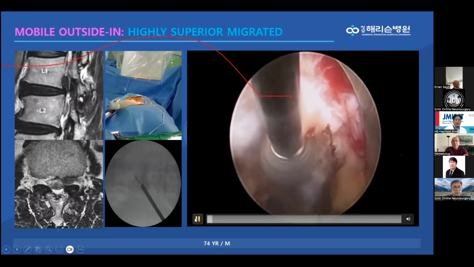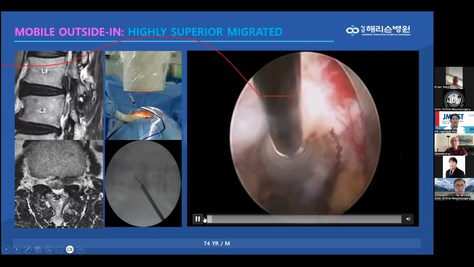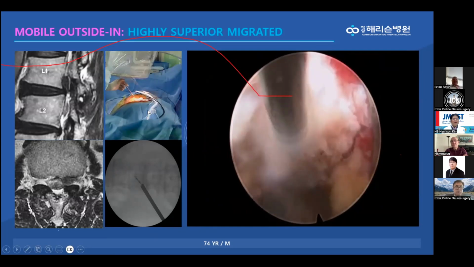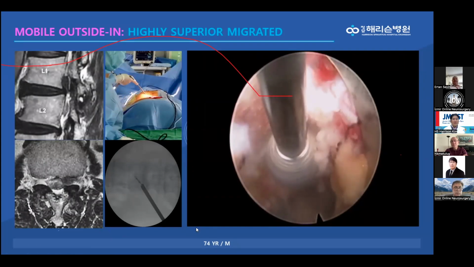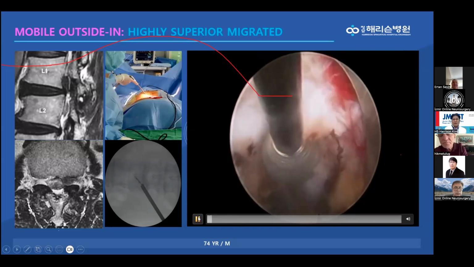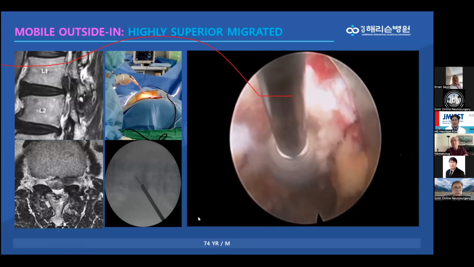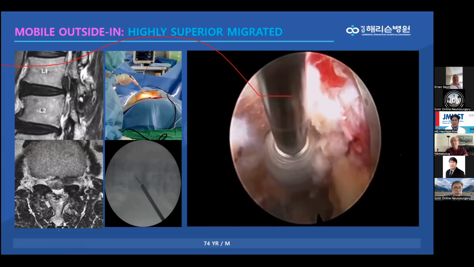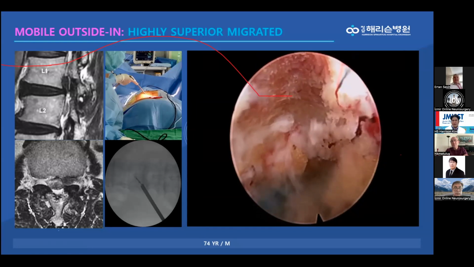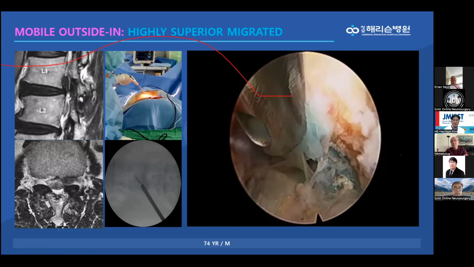Now you can see an L5 foraminal highly superior migrated case. Firstly, docking like this shape here. Drilling, especially to the target, the SAP tip area, because that is the approach point. Now, drilling of the SAP, you can see the foraminal area, some ruptured disc.